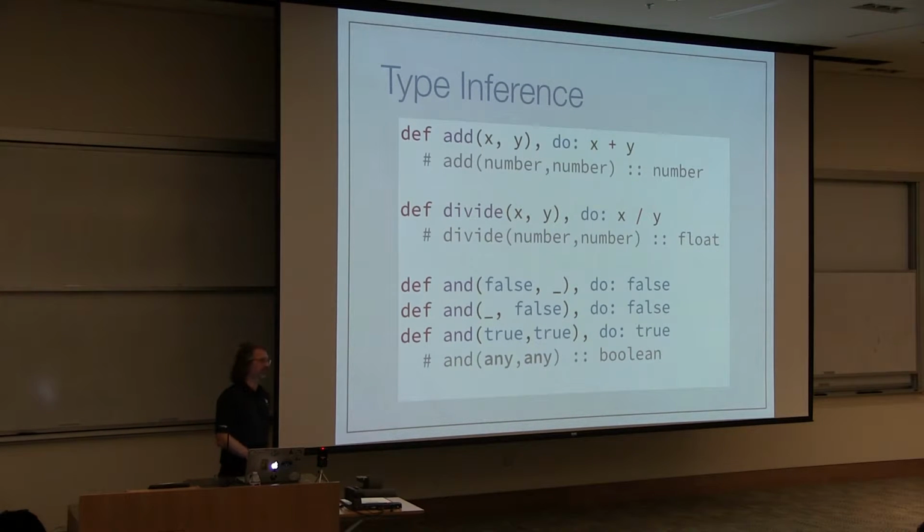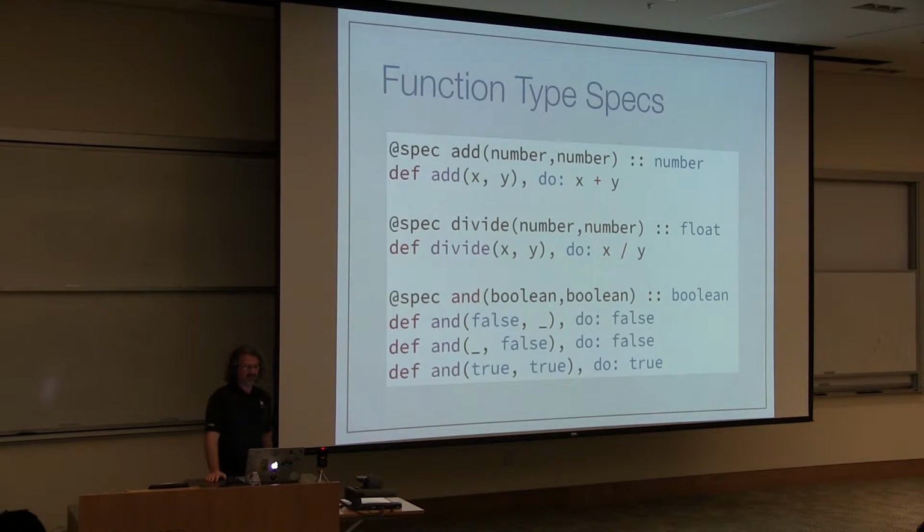But what if we wanted to be more specific and insist that our AND function used only Boolean values? Well, we can use type specs for that. So function type specs use the @spec notation. You just list out your signature for your types for your function on the @spec line.